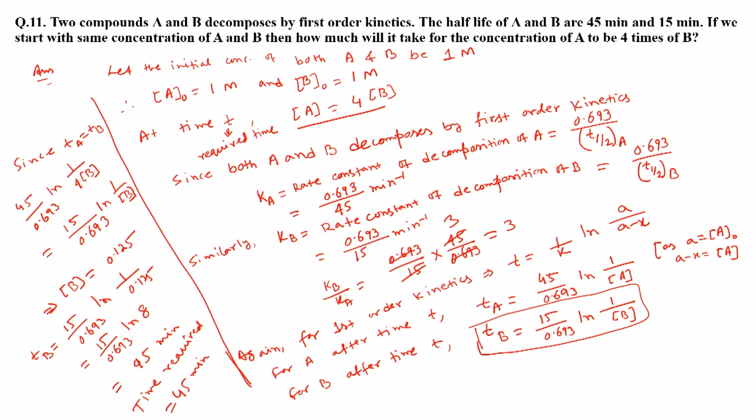Next, we move to problem number 12. It says for 50% completion, if a first order reaction takes 50 minutes at 300 Kelvin temperature and 30 minutes at 340 Kelvin temperature, calculate the activation energy of the reaction. So, we have to use the Arrhenius equation.